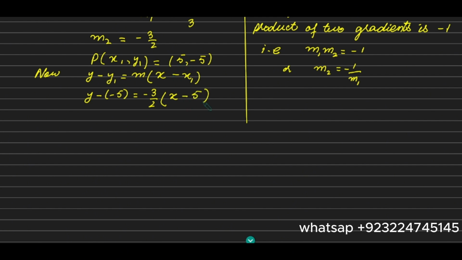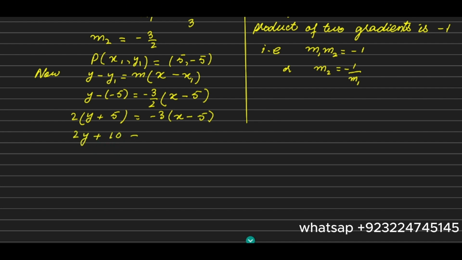Now we simplify this equation. We get y plus 5, and this 2 is multiplied on the other side, so 2 into y plus 5 equals minus 3 into x minus 5. Now we simplify it.